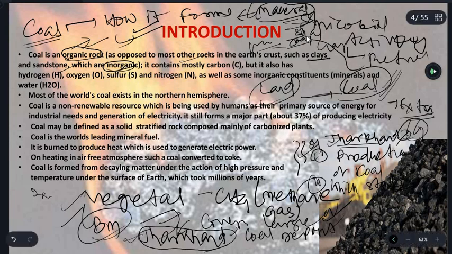Suppose you take a coal sample, you will find hematite also in there, iron-rich sediment also there in coal. But the thing is, maceral is the organic part which is visible under the microscope, that is called the maceral.